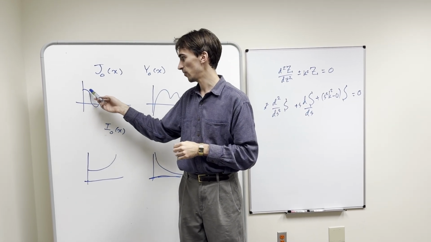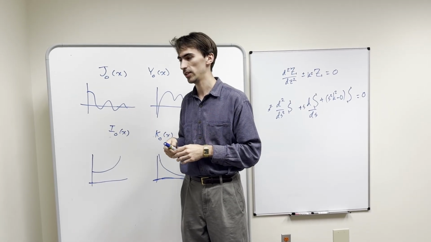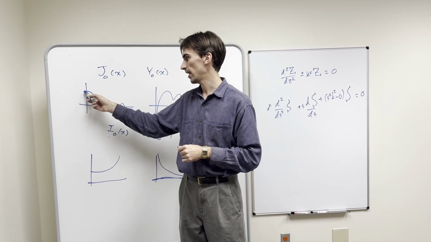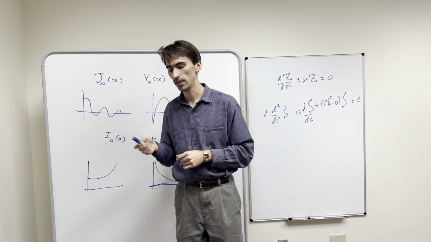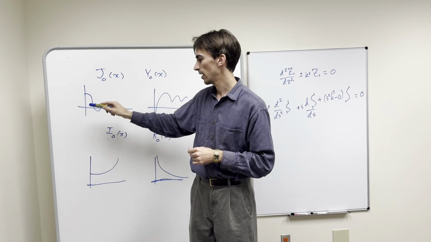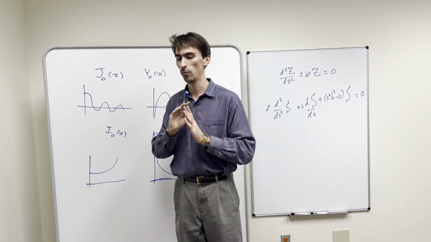The Bessel function of the first kind could be a solution to our physical situation because it is a finite number at the origin, and it's going to go down and cross 0, which would be at the wall of the cylinder.